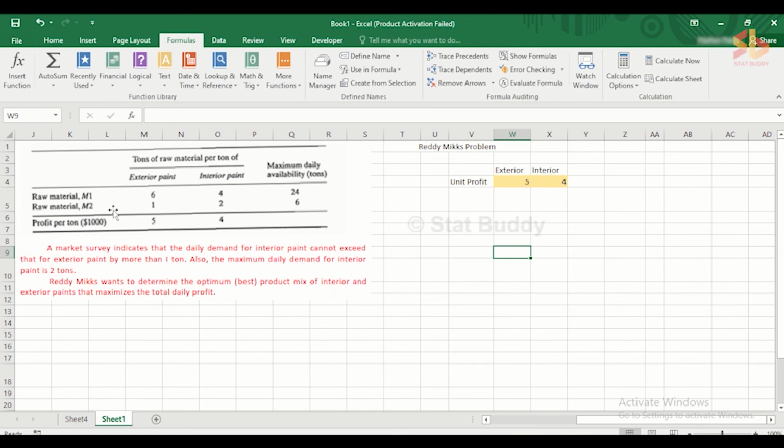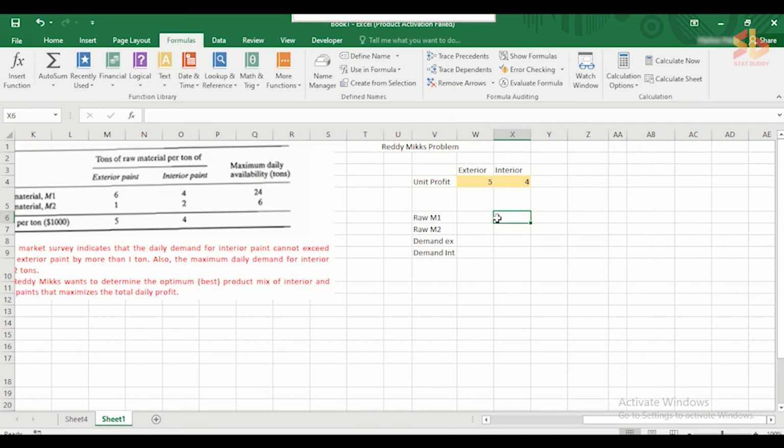Now I can go to the constraints. There I have raw material M1, raw material M2, the demand of interior paint, and the difference of the two demands of interior and exterior. I can write down those things under these four cells.